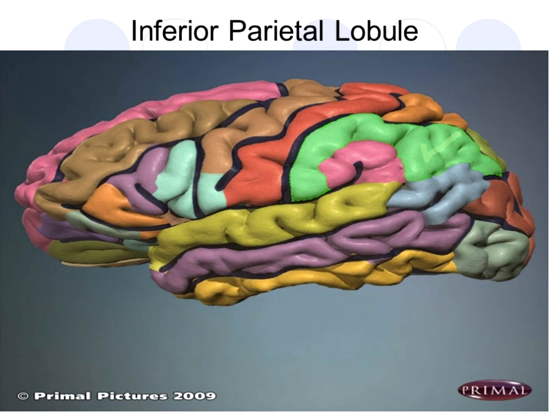Here is the supramarginal gyrus. Here is the angular gyrus. This area up here is areas 5 and 7. This is area 3, 1, and 2.